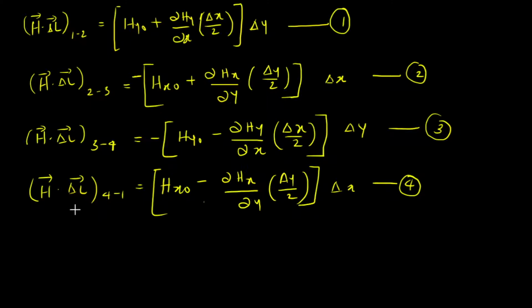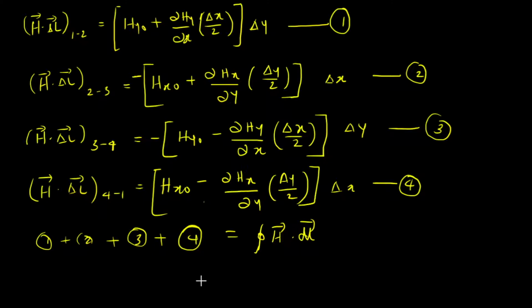So now what I have to do is add these equations. If I add these equations, I will get my evaluation of the closed integral H dot dl. When I add these equations, Hy naught is plus and here it is minus Hy naught, so plus Hy naught and minus Hy naught cancel and evaluate to 0.